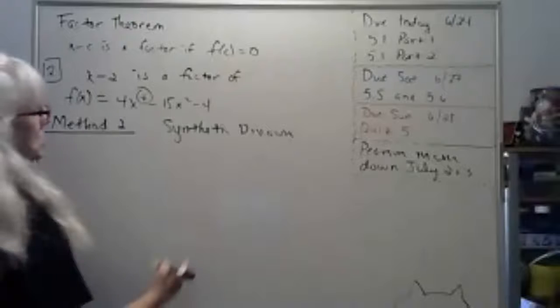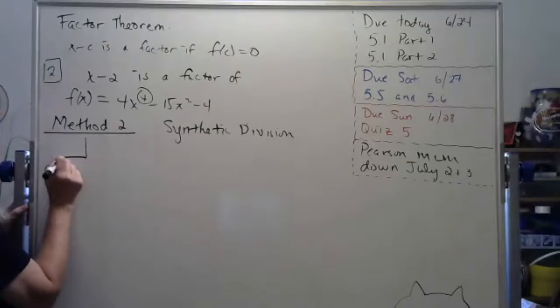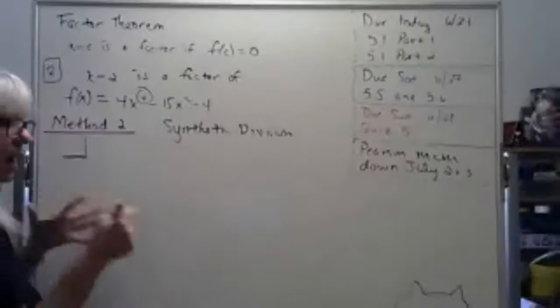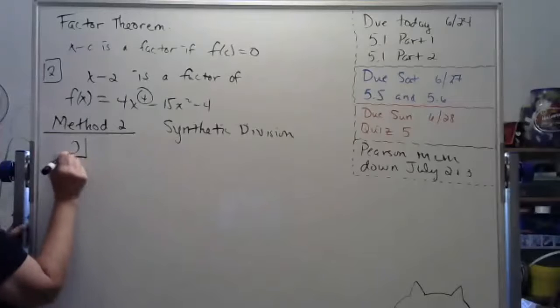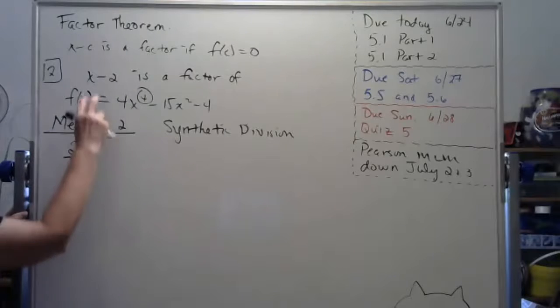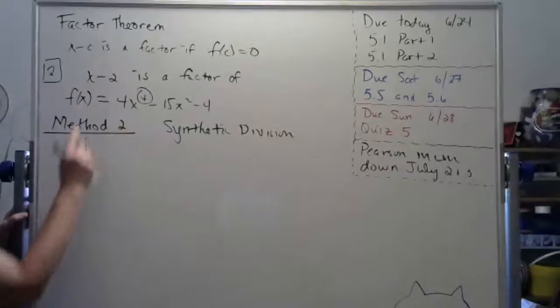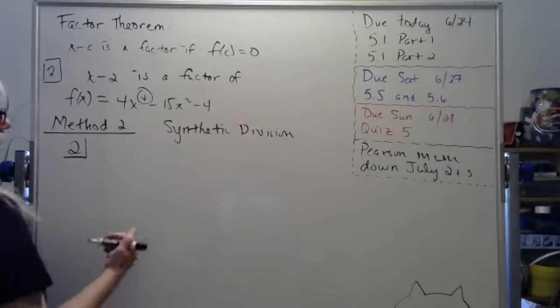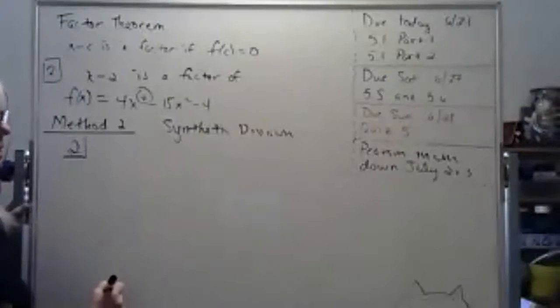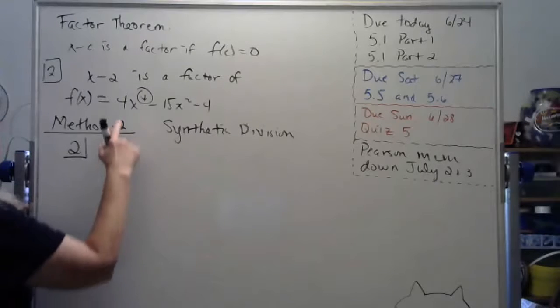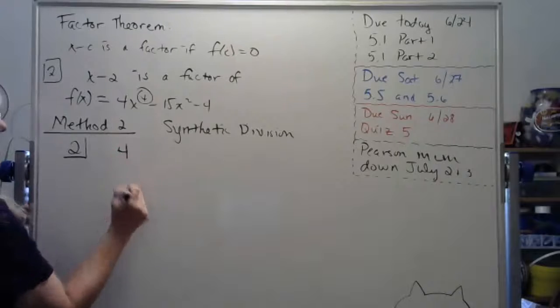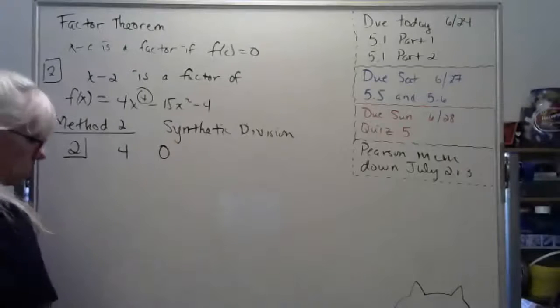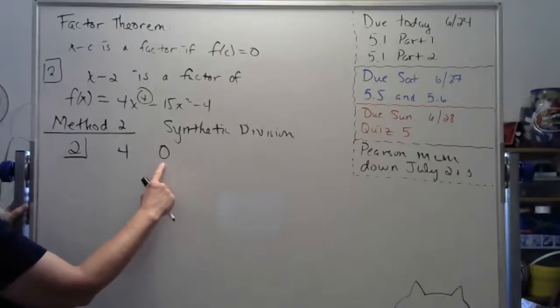What synthetic division does is it puts over here in the box what you're evaluating the function at. So we're evaluating the function at a positive 2. And again, that's coming from that x minus 2 factor. Then right next to it, I'm going to list the coefficients of my polynomial. The first coefficient is a 4. It has no x cubed term, so I'm going to put a 0 as a placeholder.